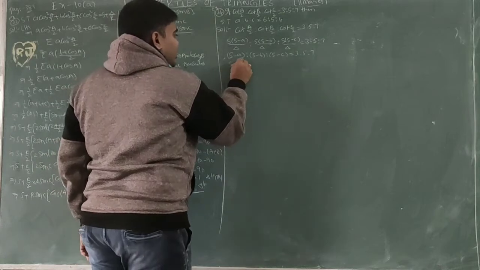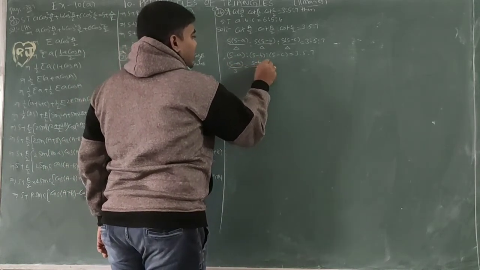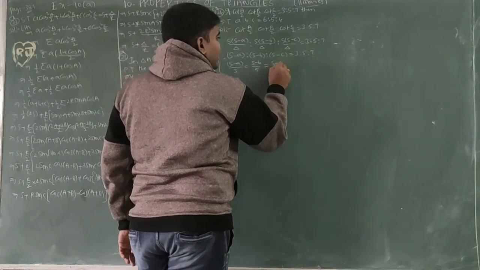So (s minus a)/3 equals (s minus b)/5 equals (s minus c)/7.